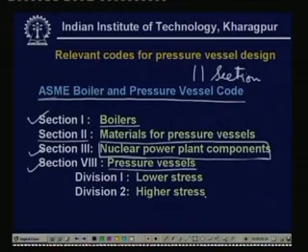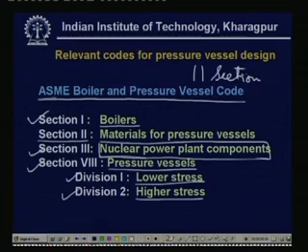Again it is divided into two parts, division 1, which is lower stress, and division 2, which is higher stress. When you go to the higher stress, a little modification may be there.